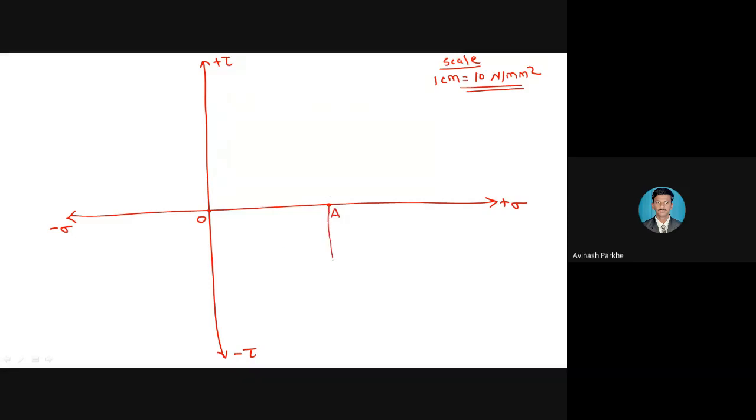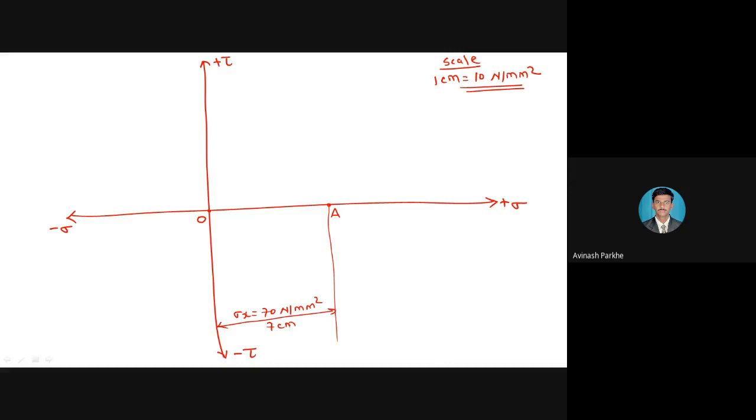I will take that projection at the bottom side and represent sigma x is equal to 70 Newton per mm square, that is 7 centimeter. So point A represents the position of sigma x from the origin point O. So represent that particular point in your figure also. That is, point A is represented.